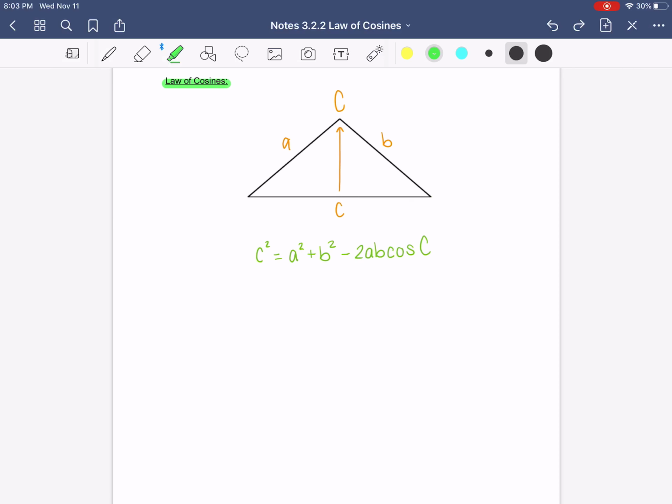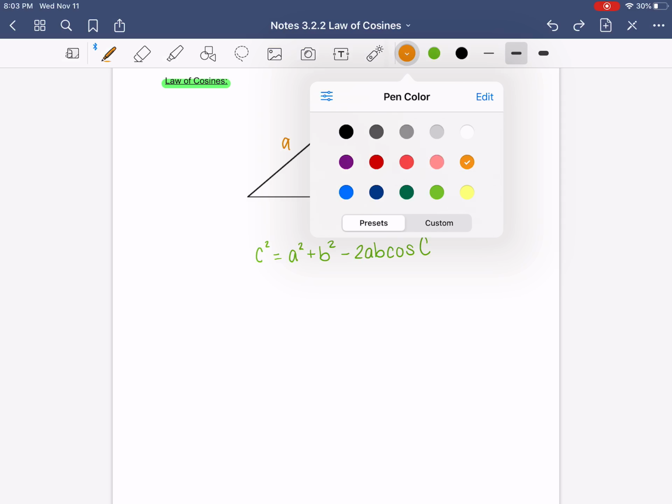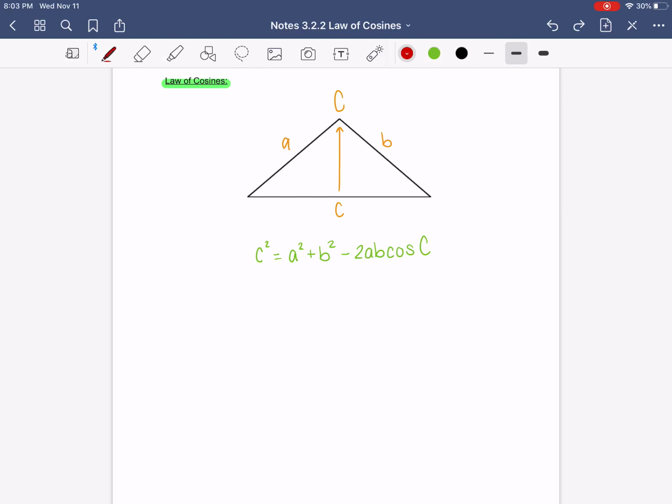Okay, so what you're going to do to find a missing side is make sure that the angle that you're given or the angle you're trying to find, you label it as capital C. Across from that is lowercase c, and then you plug your pieces into your formula and solve.